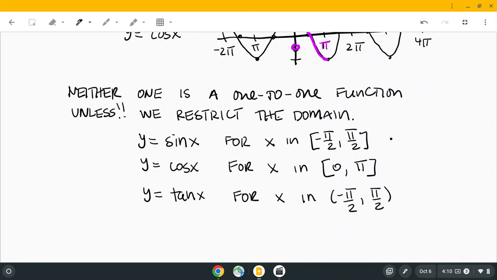You know what? I'm going to stop there, and then I'm going to take a look at each of the inverse trig functions. Let's stop there, and maybe we'll do it in three separate videos.